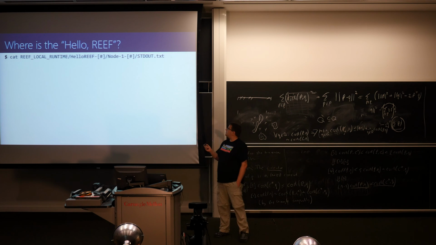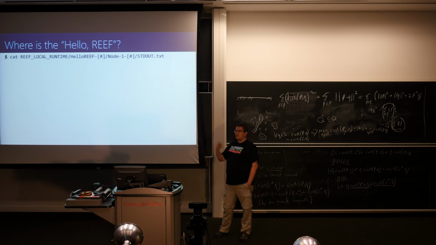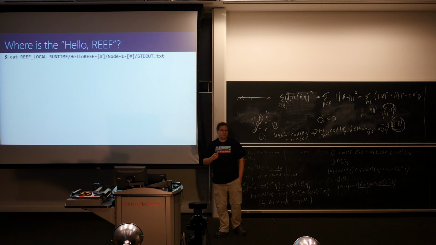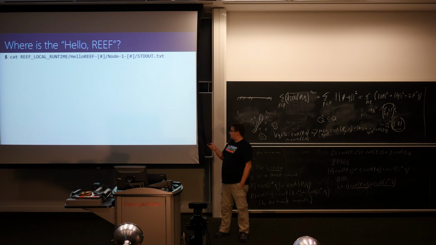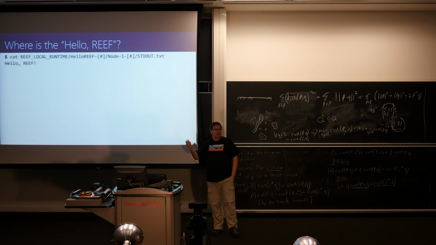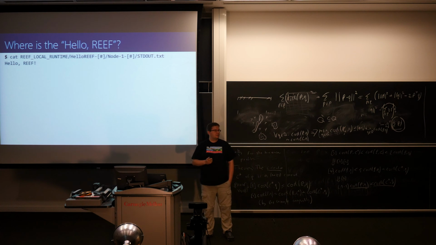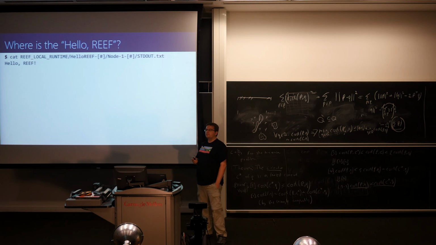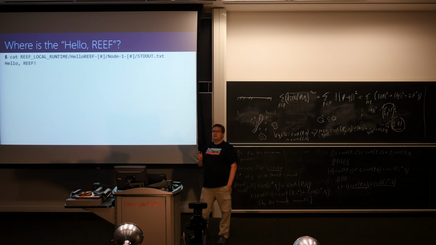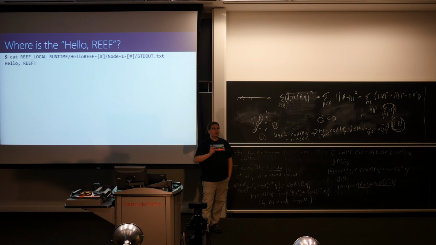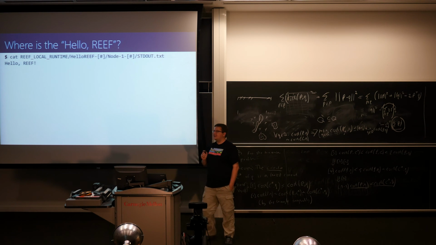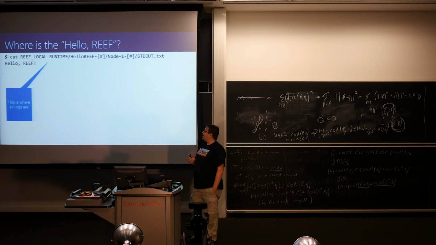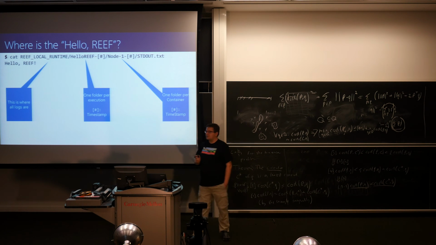That's where everything that this process printed to standard out in Java via System.out.println ended up. We capture that in that file. And if you cat that, you will actually see that HelloREEF was printed on the screen of that non-existing remote machine. Who has seen that? Okay, we're doing much better today than yesterday. This is awesome.